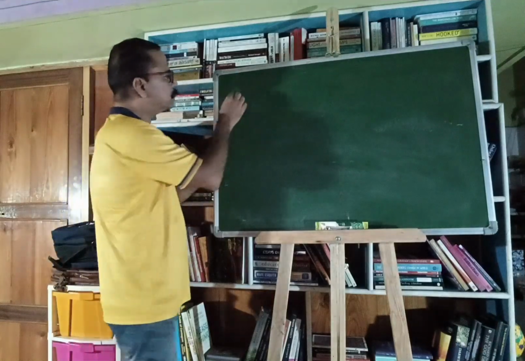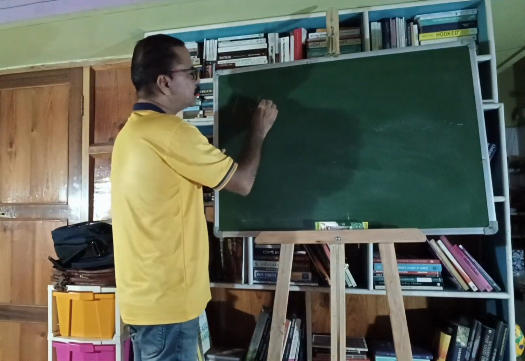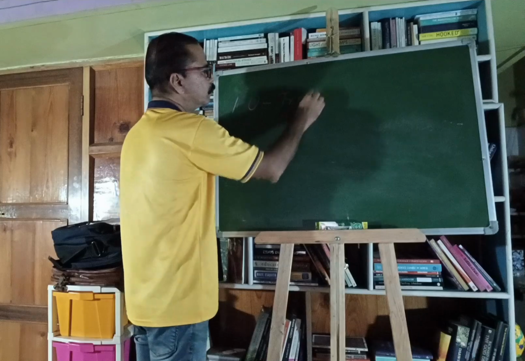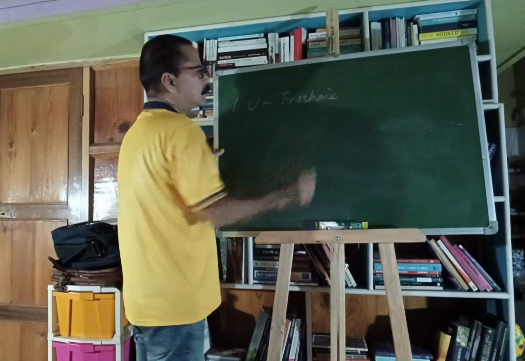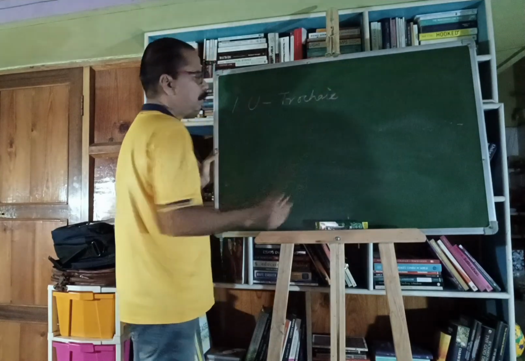Now the other pattern is stress, unstress, which is called trochee or trochaic. Let's take an example.